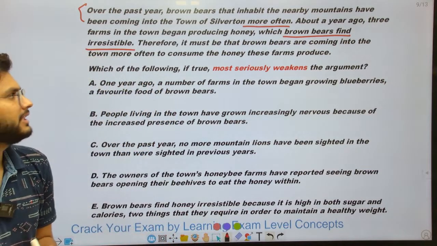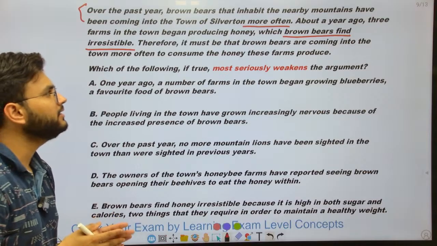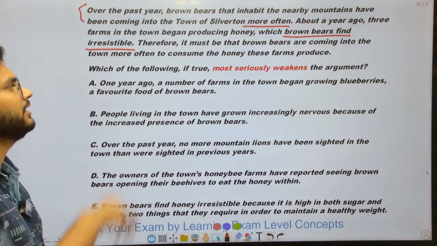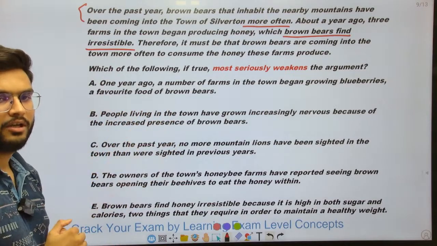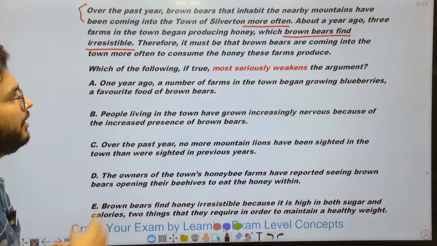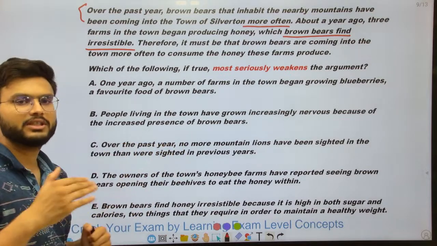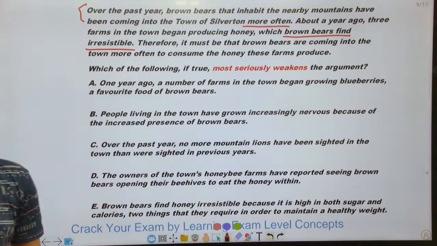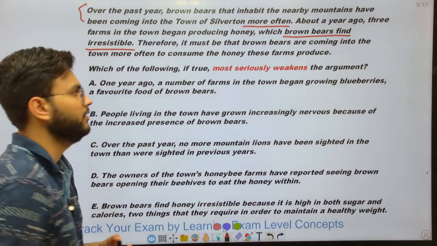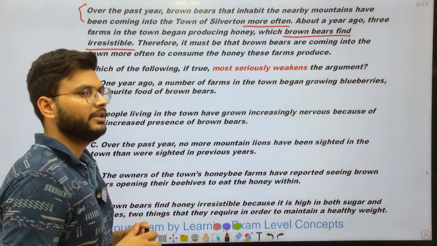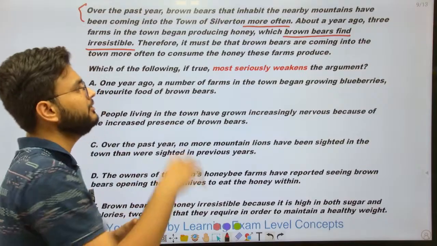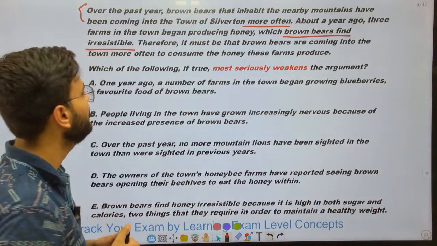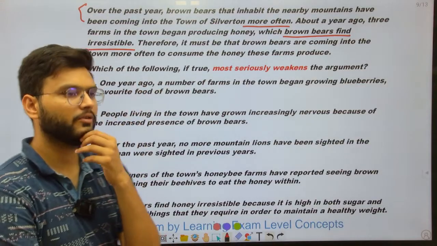Brown bears that inhabit the mountains have been coming into the town of Silverton more often. About a year ago, 3 farms started to produce honey, and brown bears find it irresistible. So the author has concluded that because they want to consume this honey, they are coming into the town more often.